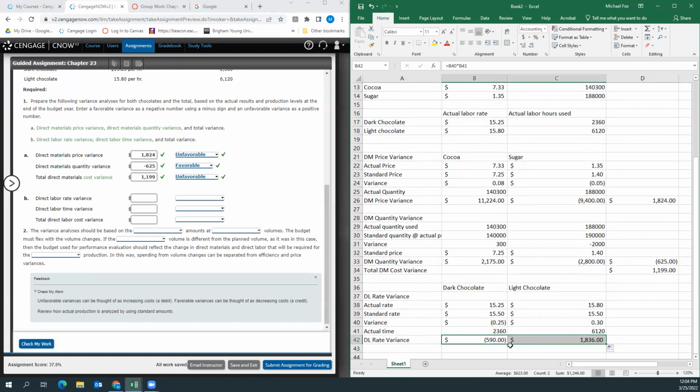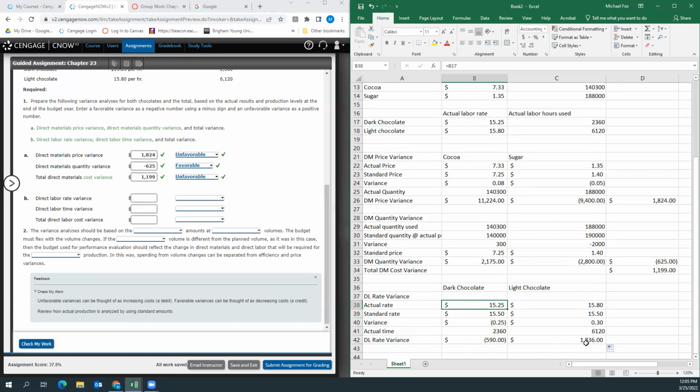And so what we would say here is I had a $590 favorable variance for dark chocolate for my direct labor costs, and that is based on the pay rate. I planned on paying $15.50, but I was paying $15.25, so that saved me $590.